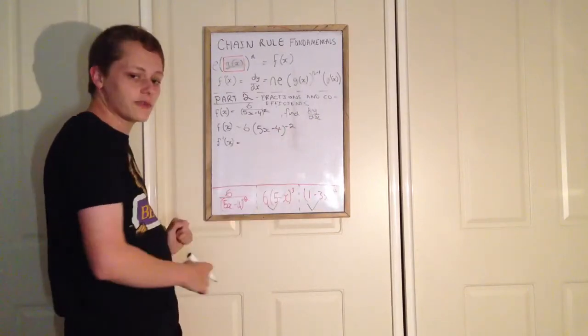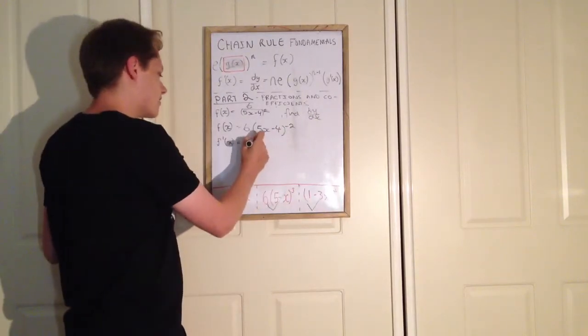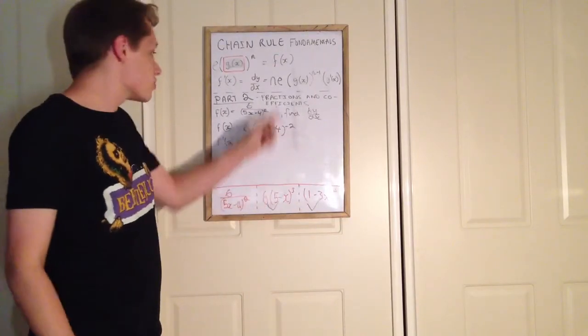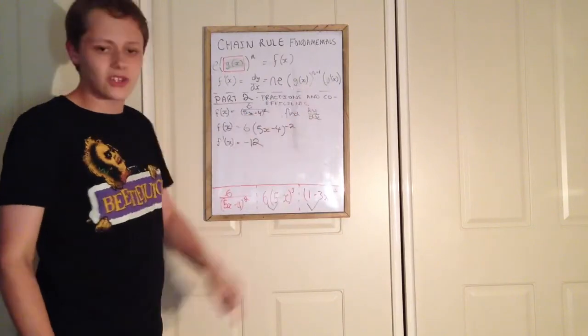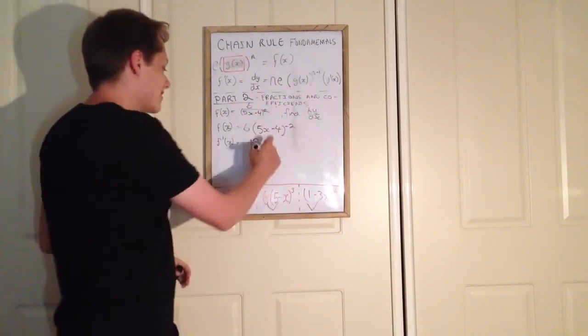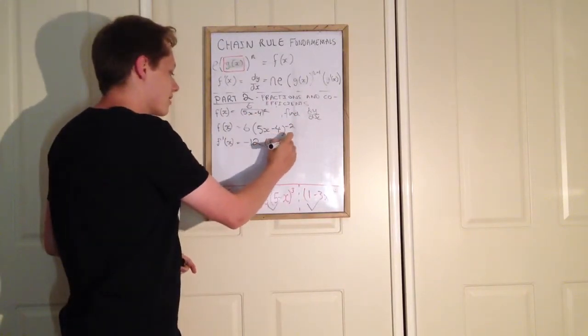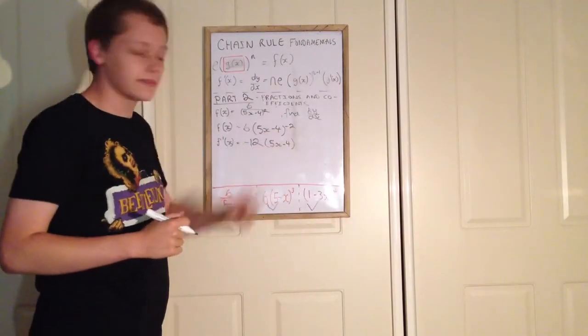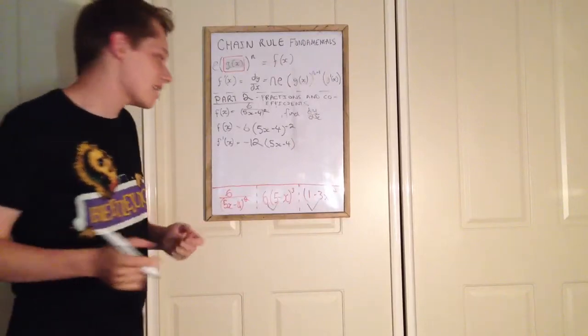So -2 times 6, -12, right? And then we just take our g of x, the term that's normally in brackets, and we just put it in there. We don't even need to change it. It's nice and simple. And then we subtract 1 from our exponent. -2 take 1, -3.